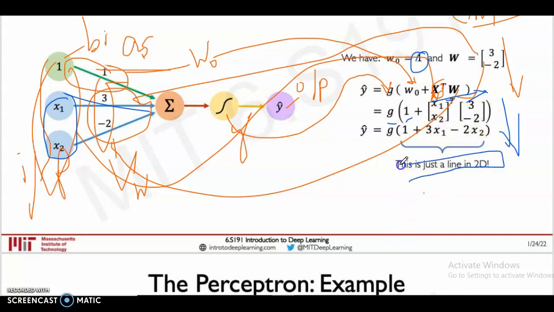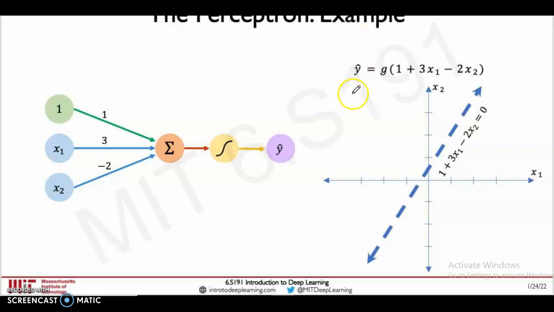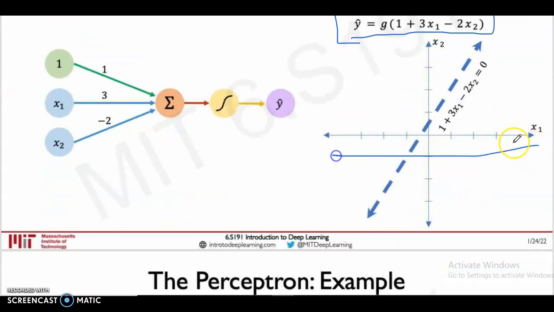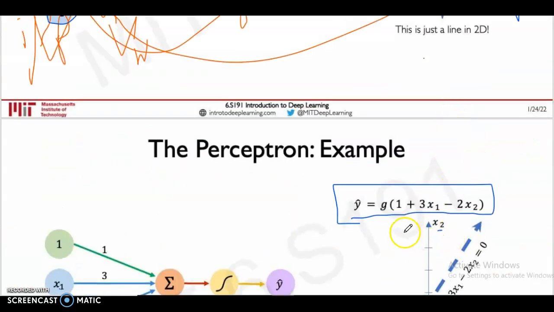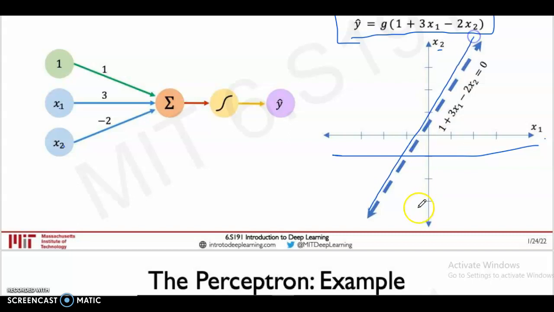This is just a line in 2 dimensions. So the final answer: y cap equals g of 1 plus 3x1 minus 2x2.